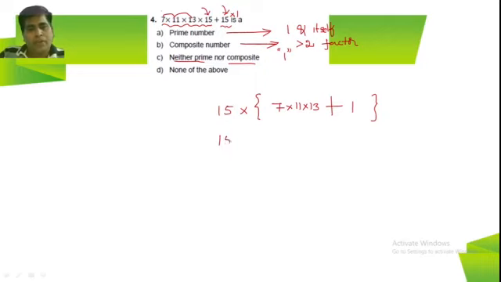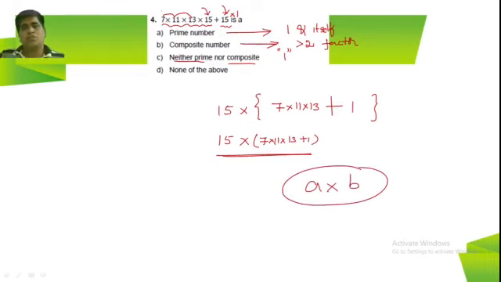So 15 into, no need of a calculator for this number, 15 into 7 into 11 into 13 plus 1. Now, what is this? This is in the form of A into B. For an A into B number, 1 is always a factor for any number.